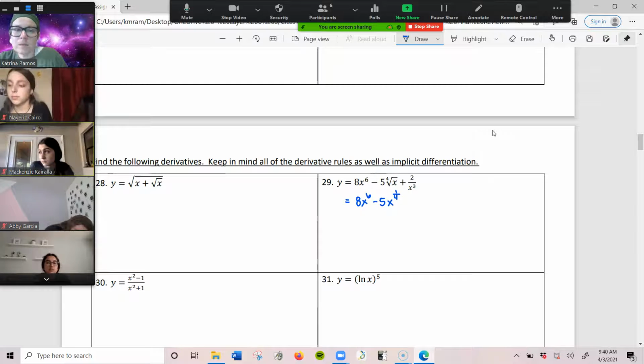Okay, and then this plus 2 over x to the third, that's 2x to the -3. So I just brought that up and made that exponent negative. And now we can take that derivative. So our y prime or dy dx, whatever you want to call it, we just apply the power rule for all of these. So 6 times 8 is 48, x to the fifth, minus 5 times 1/4 is just 5 over 4, x, and then we have to subtract 1.